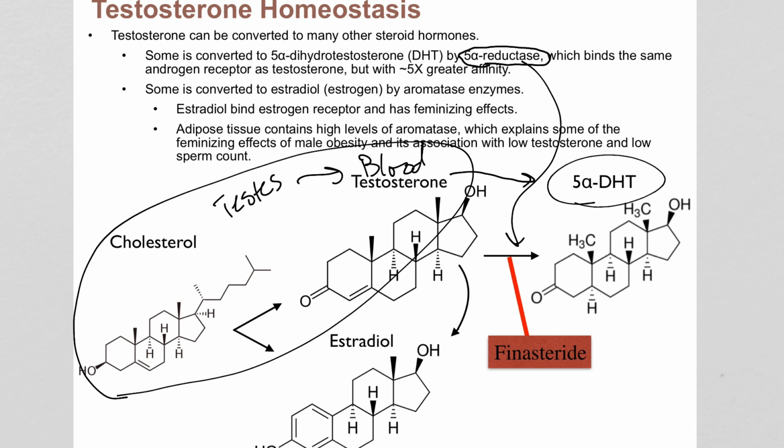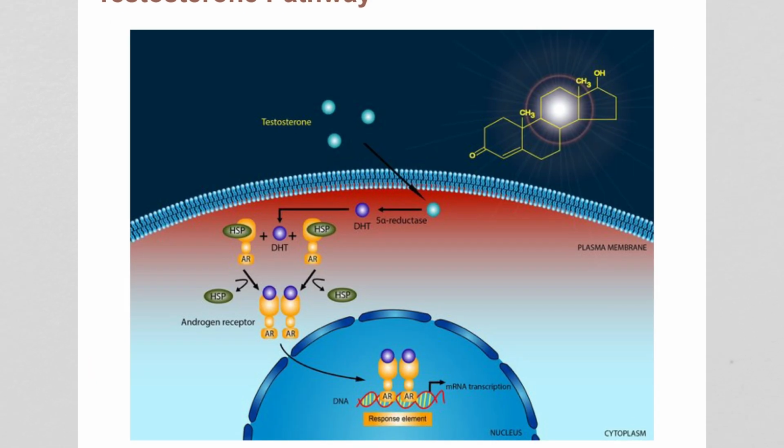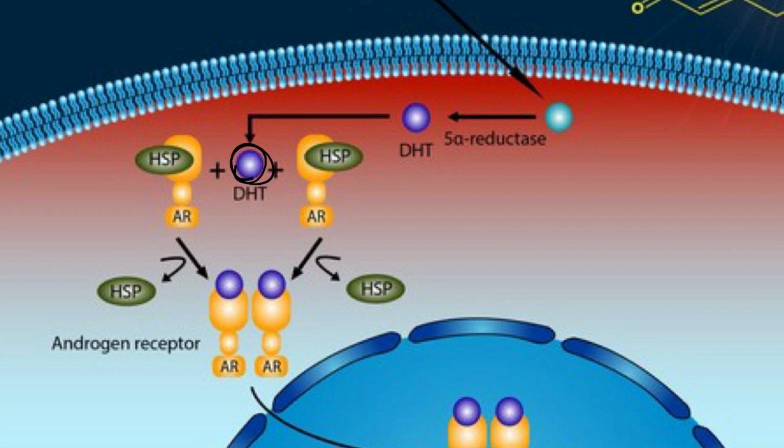And that's our real issue, because remember, DHT does its thing by binding to androgen receptors. And recall that DHT binds the same exact androgen receptor that testosterone does. In the image, they're showing DHT as these little bluish purple circles that are binding androgen receptors and activating them.